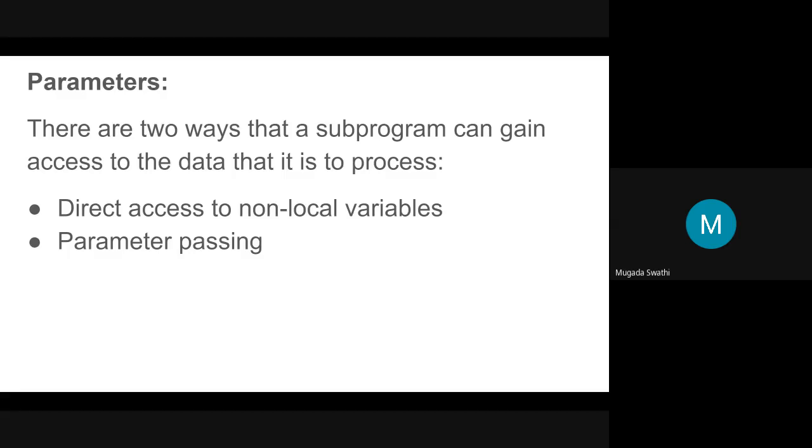If data access is through non-local variables, the only way the computation can proceed on different data is to assign new values to those non-local variables between calls to the subprogram. In parameter passing, it can perform its computation on whatever data it receives through its parameters, presuming the types of the parameters are as expected by the subprogram.